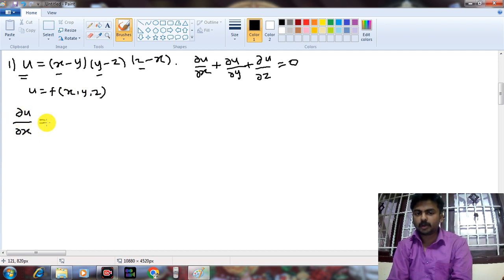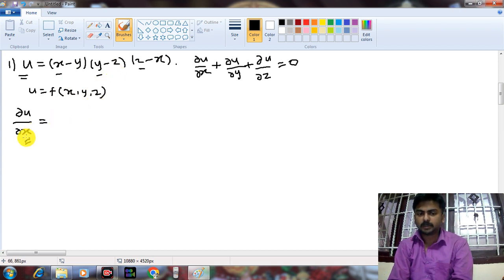When we want to find dou u by dou x, we have to take the constant outside. What does constant mean? By the definition of partial differentiation, it should be done by treating one variable as the variable and the other variables as constants.